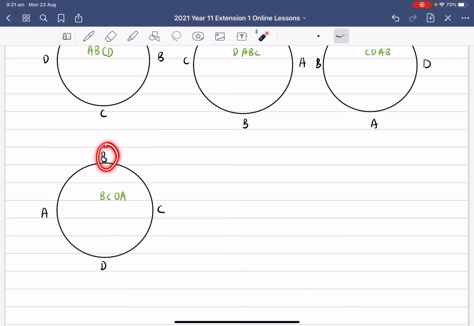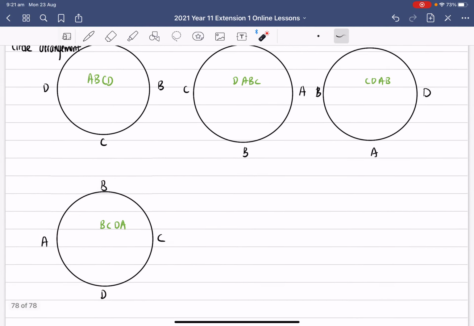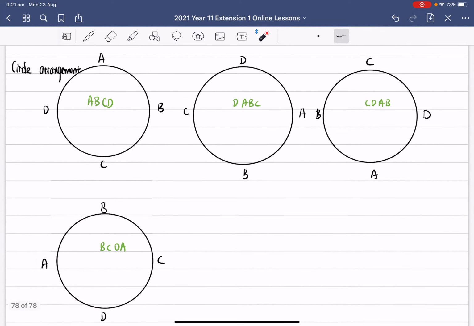So in a line arrangement, these 4 are all in different positions, so they are considered different. But with the circle arrangement, all of these 4 are considered to be the same.